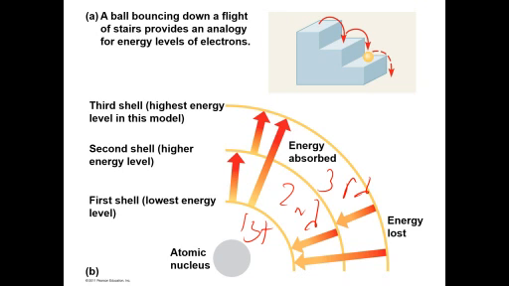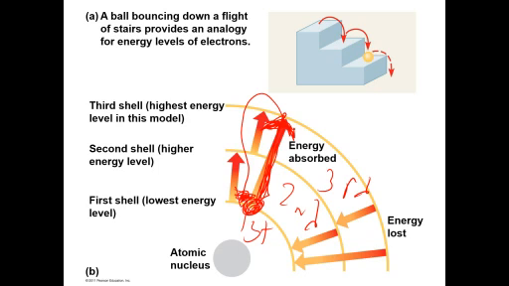Now, when atoms absorb energy, electrons can actually be boosted from a low energy level to a higher energy level, because they're absorbing energy. And then they'll fall back down to ground state.